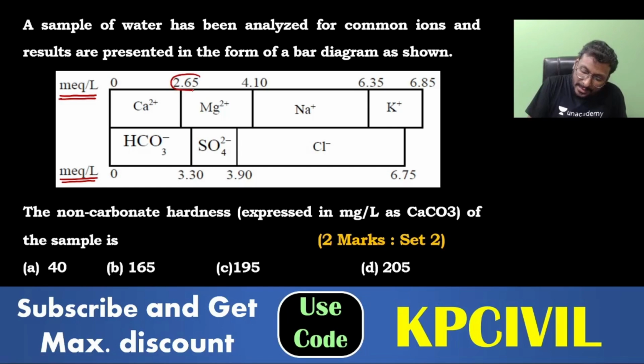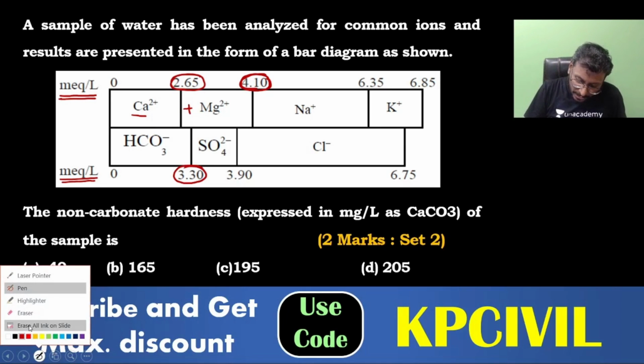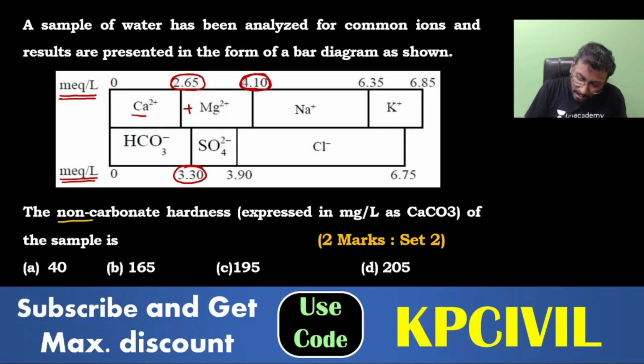Calcium 2.65. Calcium plus magnesium both 4.10. Bicarbonate 3.30. We don't want the remaining because the question is about non-carbonate hardness. Is it not?